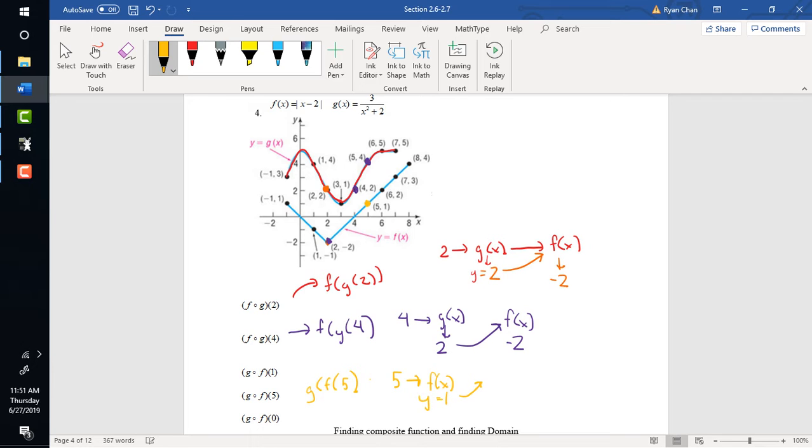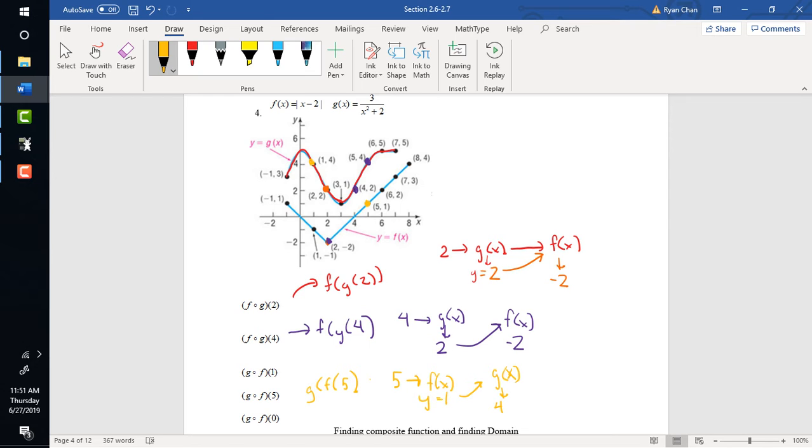And then I plug this into g of x. Remember, this time it's flipped, because it's closer to f. And I get 4. That's my final answer.